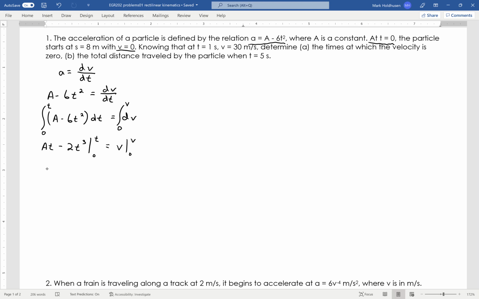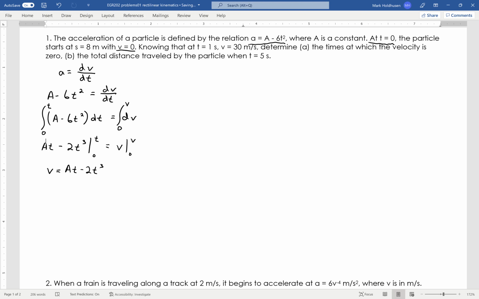So I'm left with the velocity equals At minus 2t cubed. Now I have an equation for the velocity as a function of time, as opposed to just getting the velocity at some specific time.